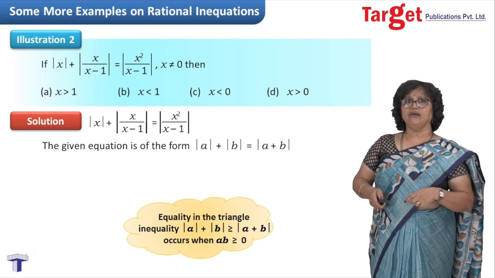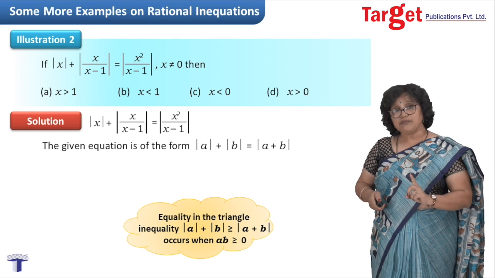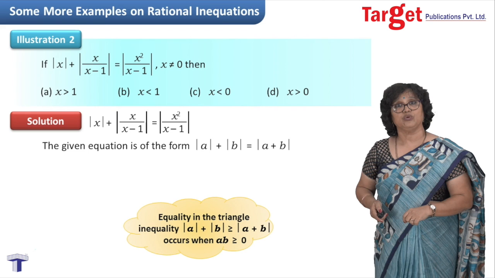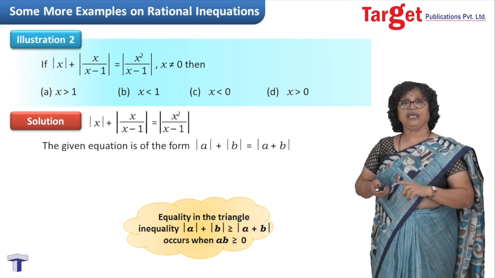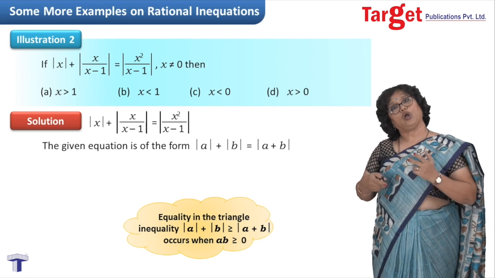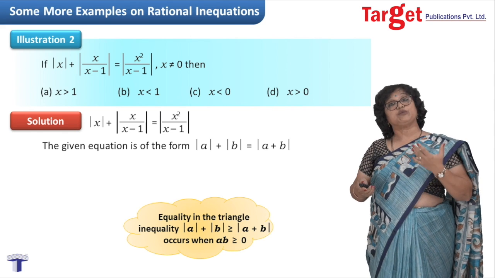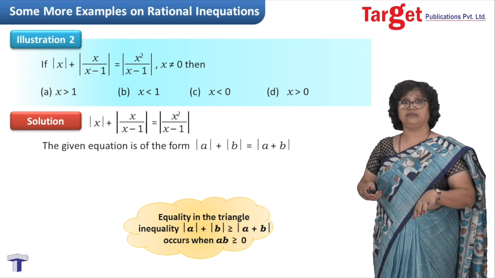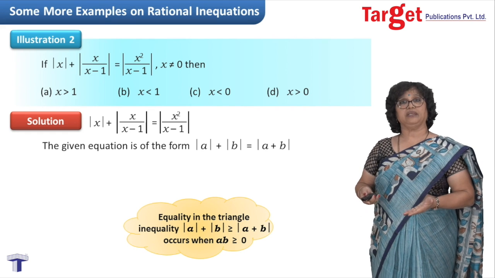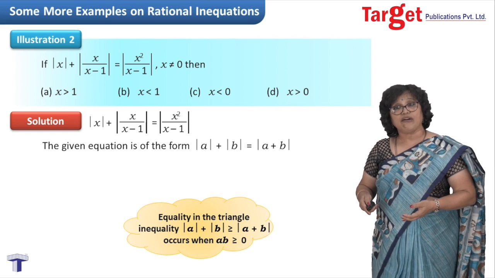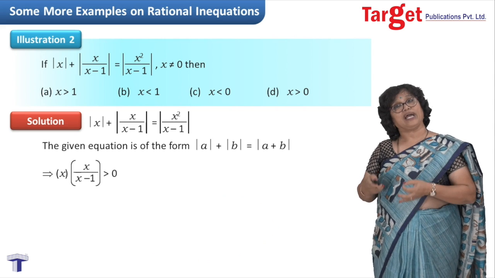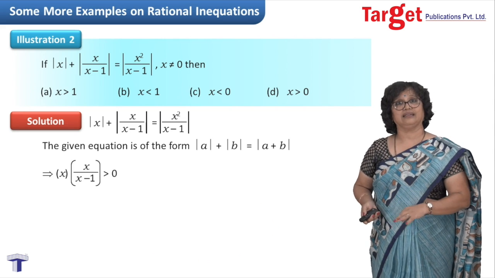When does that happen? Recall, that comes when AB is greater or equal to 0, means A or B, even one of them 0 or both are 0. Now x not equal to 0 is already given to us. x minus 1 appears in the denominator, so x equal to 1 cannot happen. So realize this, that we have only the option that x into x minus 1 should be strictly greater than 0.